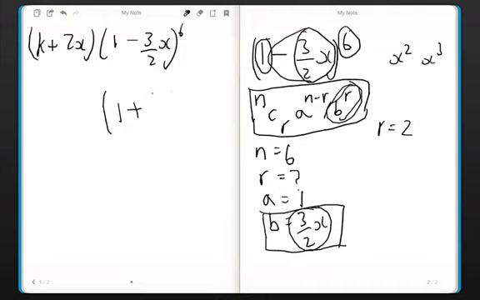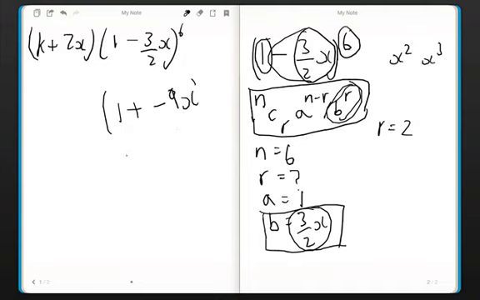So we have our answer as minus 9x to the power of 1. We don't need to put that 1, but if you want to keep that, that's fine.